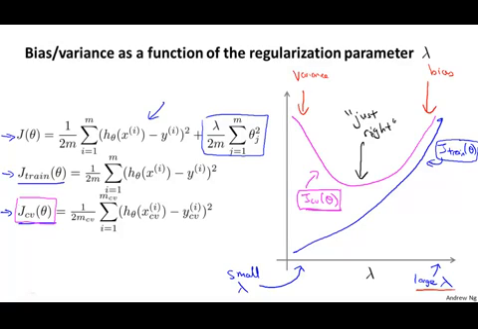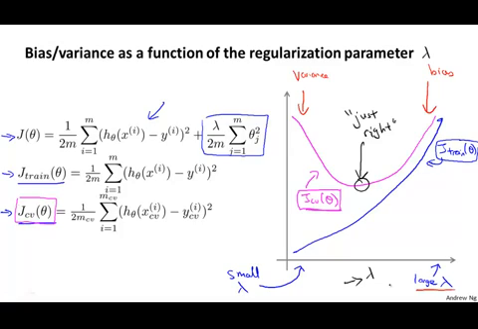And whereas the curves I've drawn here are somewhat cartoonish and somewhat idealized, so on a real data set, the curves you get may end up looking a little bit more messy and just a little bit more noisy than this. For some data sets, you will really see these broad sorts of trends, and by looking at a plot of the holdout cross-validation error, you can either manually or automatically try to select a point that minimizes the cross-validation error and select the value of lambda corresponding to low cross-validation error.